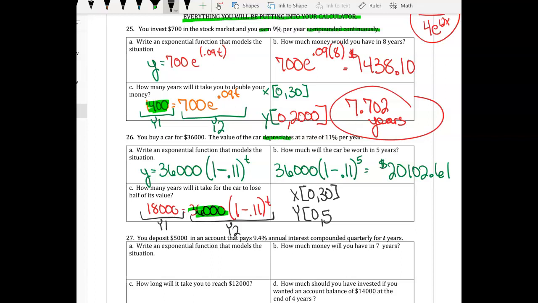I just went to 50,000 on mine. And then I'll enter them into the Ys, enter my windows, and I will see that I get 5.948 years.